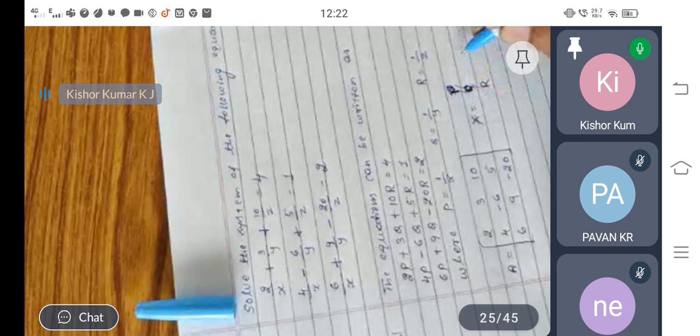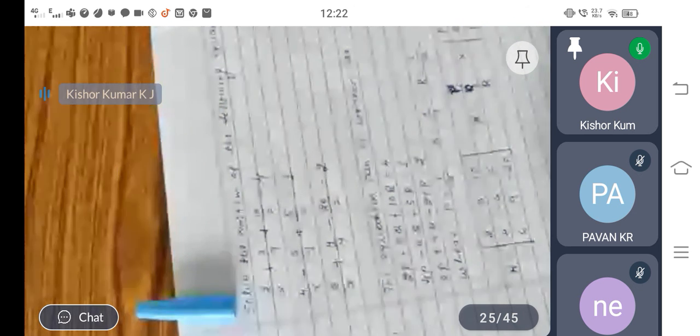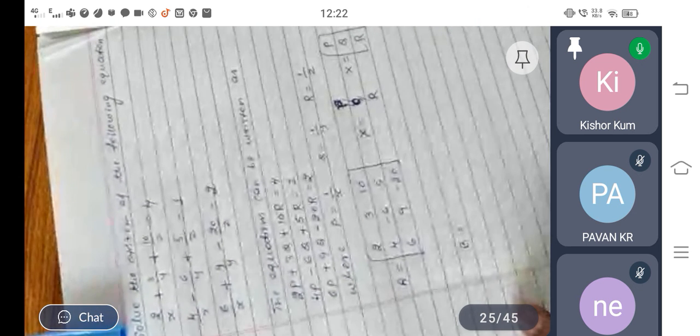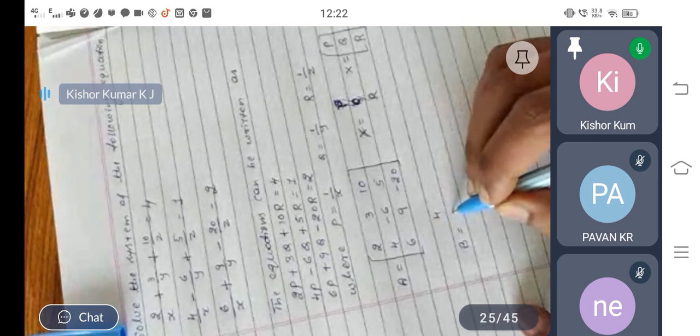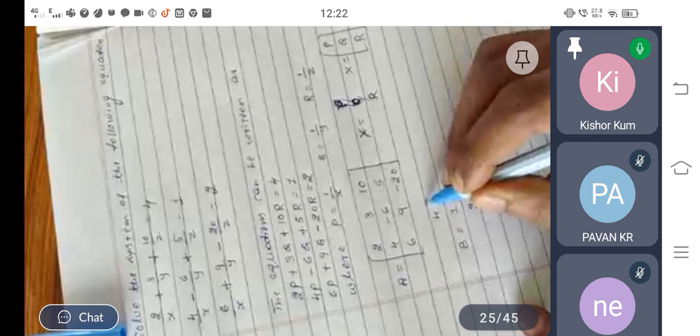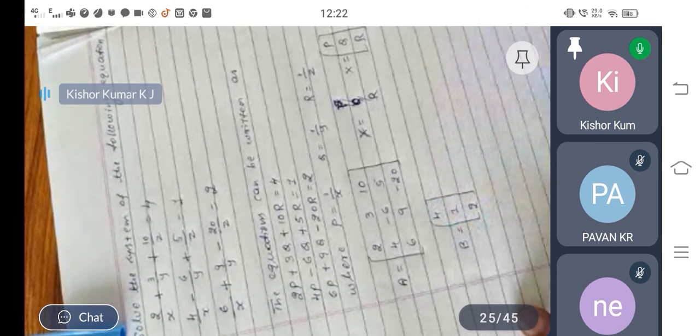I will write it once. X is equal to p, q, r. And matrix P is equal to 4, 1, 2. So we have got all the values.